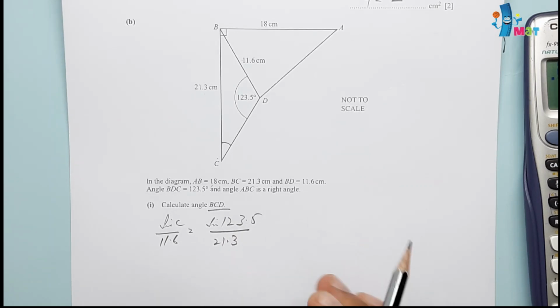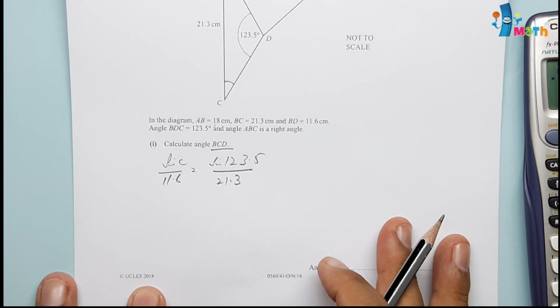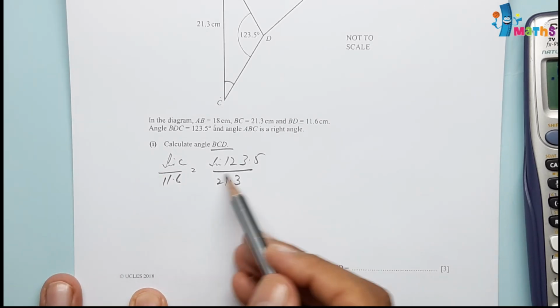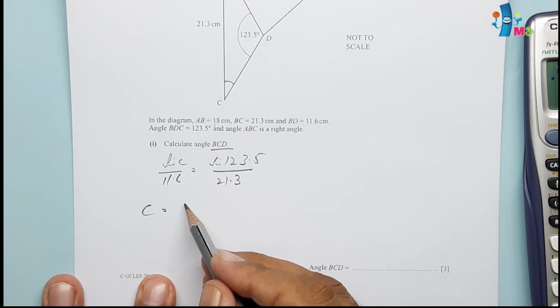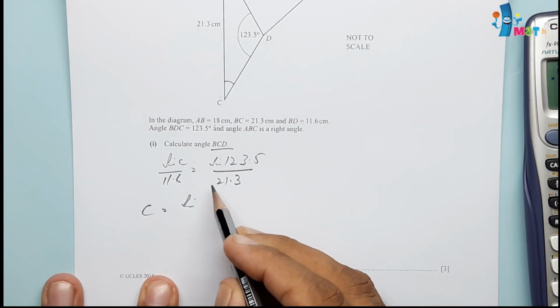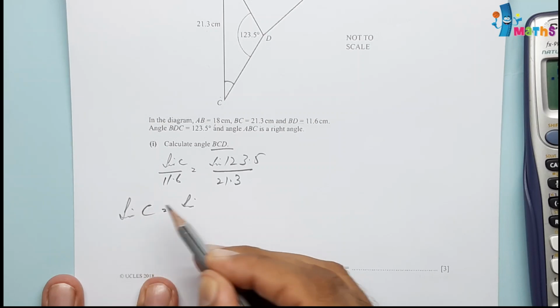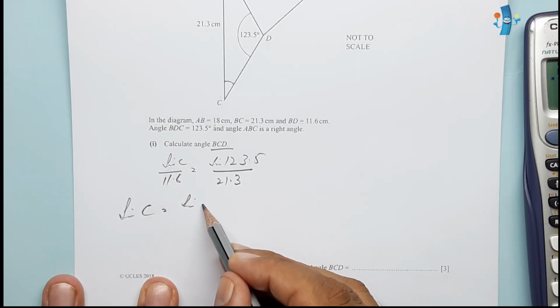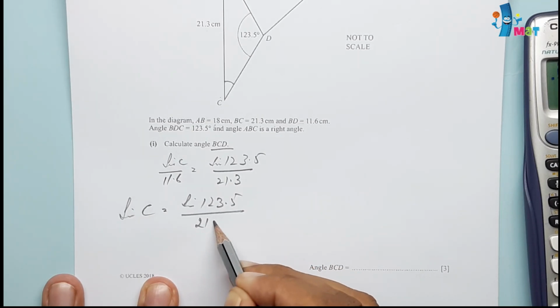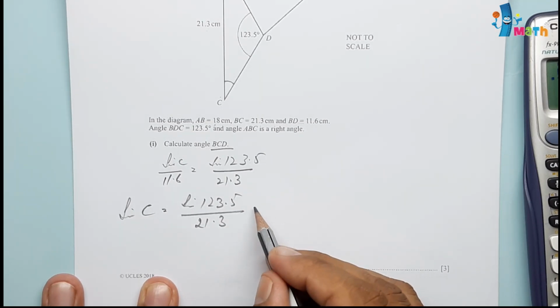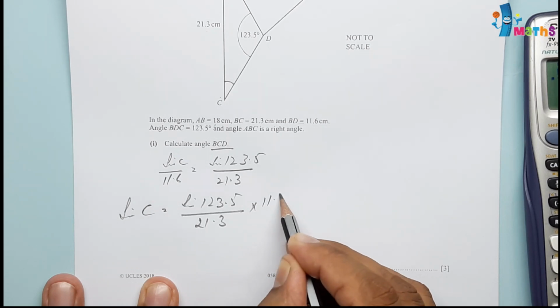So we can write C. We can shift everything to other side. So C will be equal to sine inverse, basically. Okay, first I'll write sine C will be equal to sine of 123.5 over 21.3 multiply by 11.6.